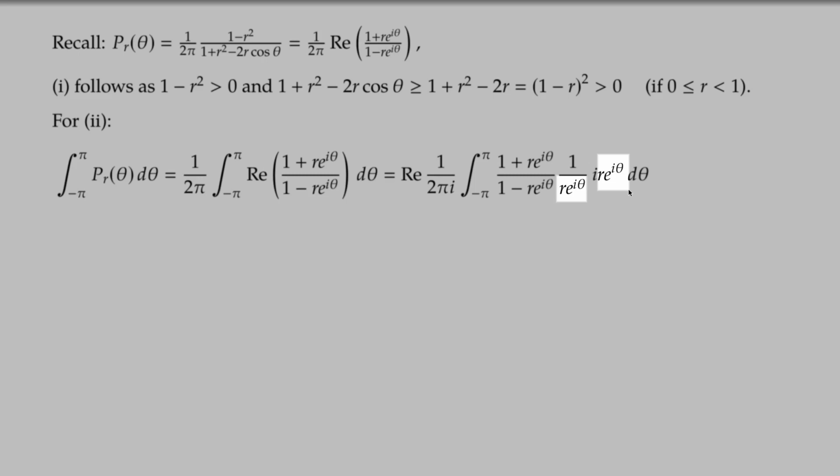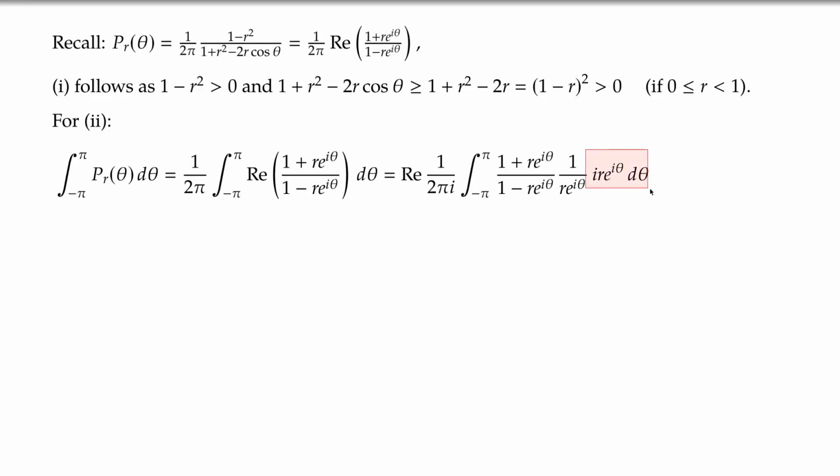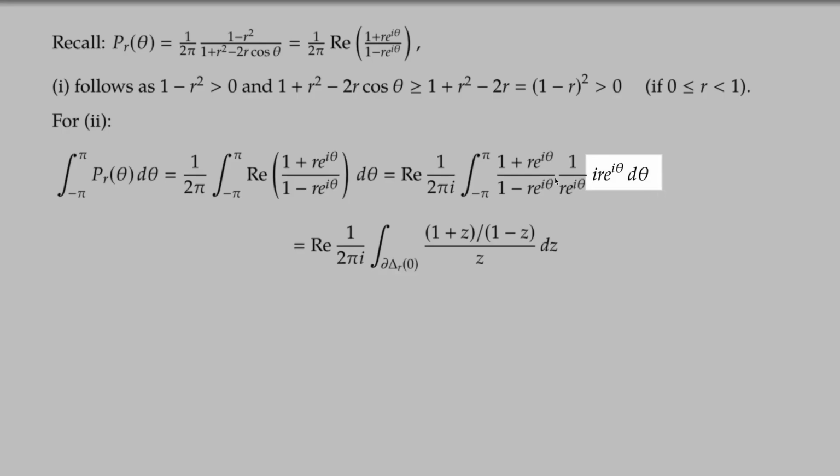Now, why did I do that? Well, because over here we have dz. So if we put in the dz, we put in the 1 over z, that's the z, this is the dz, and then this guy, if we're going around, instead of minus pi to pi, the circle of radius r, sorry, I forgot to mention that, then this guy is 1 plus z over 1 minus z.